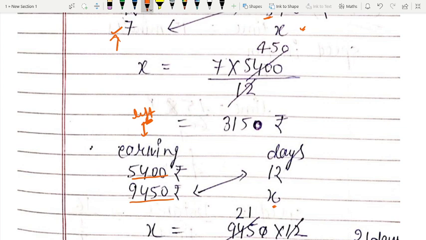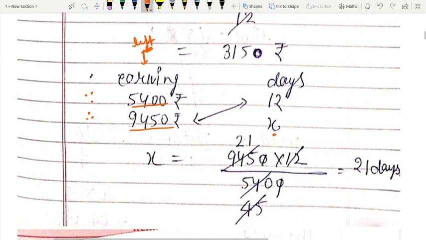Now just cross multiply, so x will be 9450 multiplied by 12 upon 5400. After simplifying you will get 21 days.